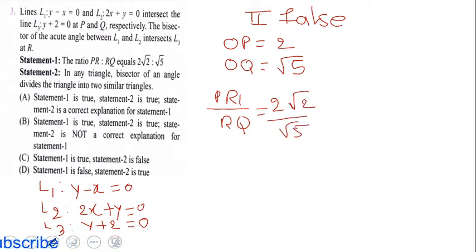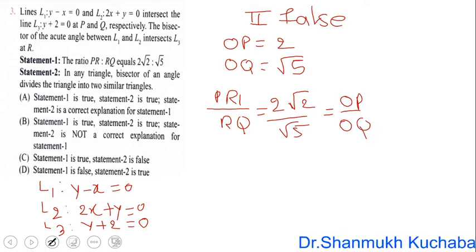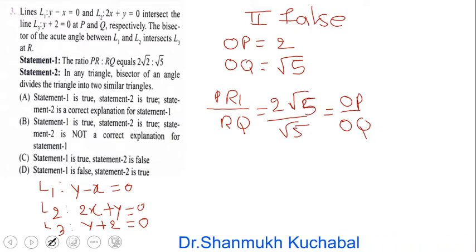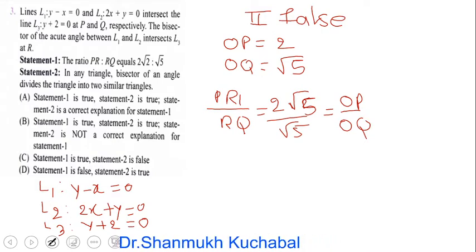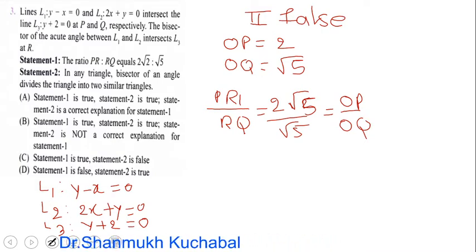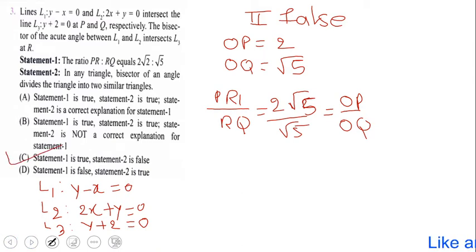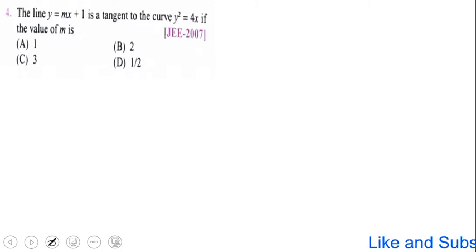So this is equal to OP divided by OQ, so 2 root 5 we are going to get. These are the same here. Using this we observe that statement 1 is true and statement 2 is false. Therefore option C is the right answer here. Okay, we'll move to our next example.